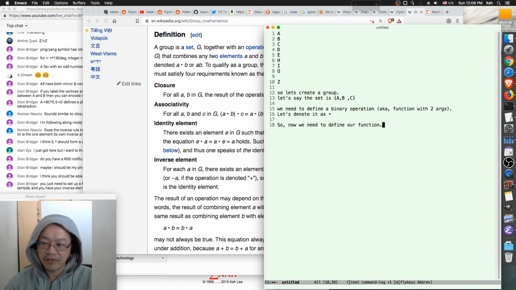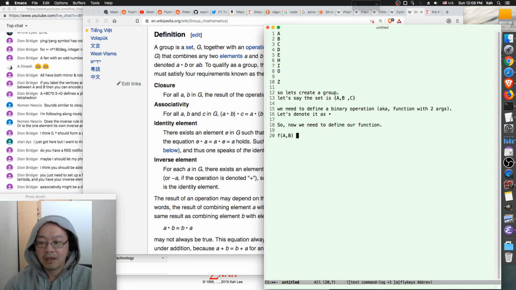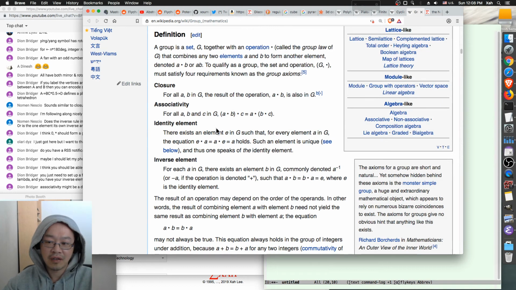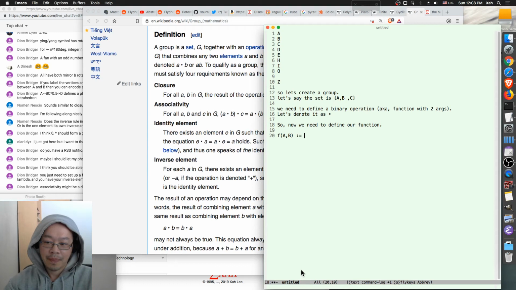Now we need to define a function. Let's use function notation: f(a, b) equals what? It's up to you, because the group definition does not tell you what your binary operation should return. It only says that it must satisfy these properties. So you can define anything you want.